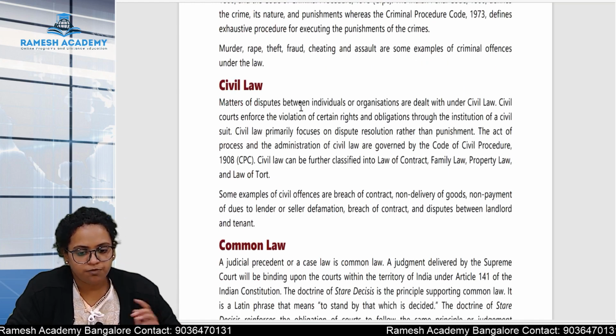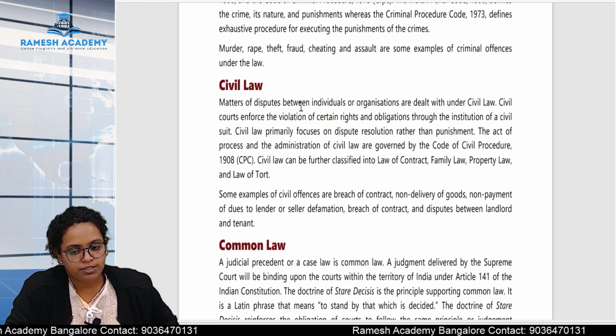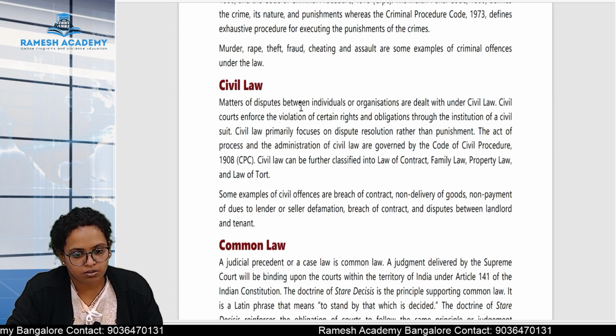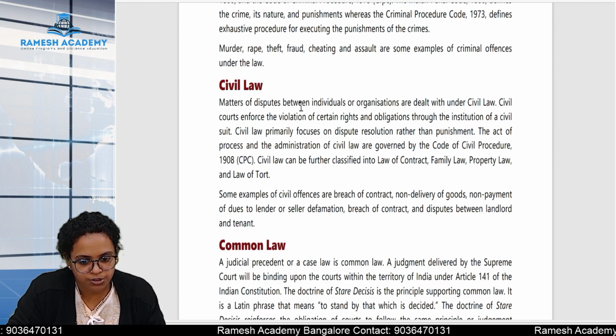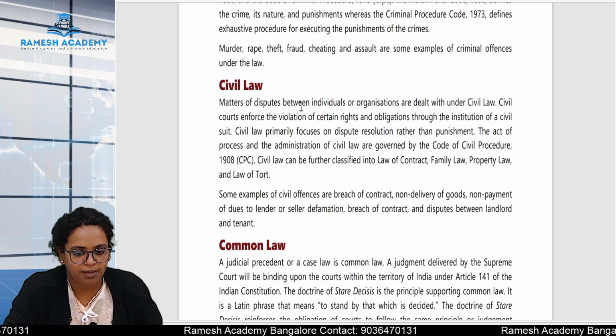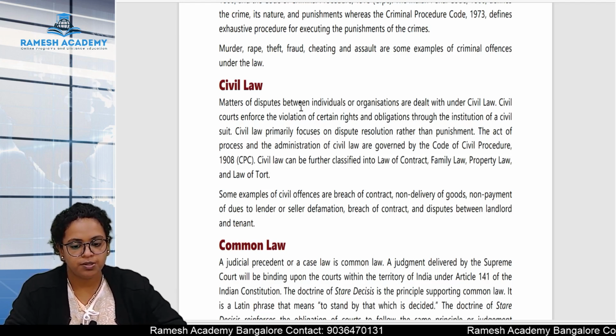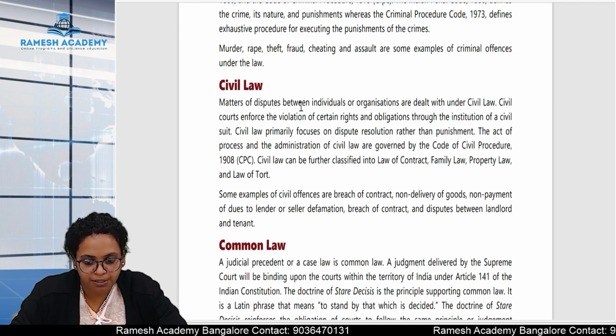Now, what is civil law? The matters of disputes between individuals or organizations are dealt with under civil law. Civil courts enforce the violation of certain rights and obligations through the institution of a civil suit. Civil law primarily focuses on dispute resolution rather than punishment.